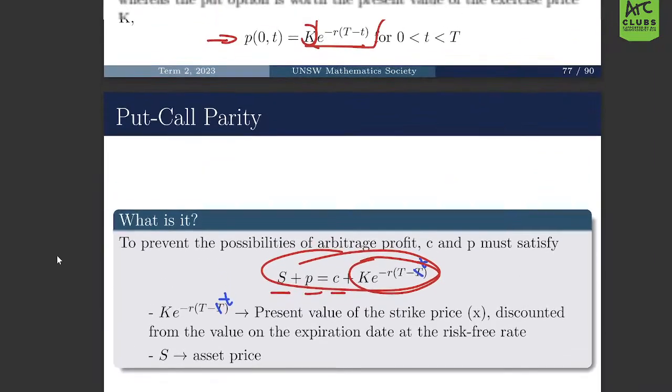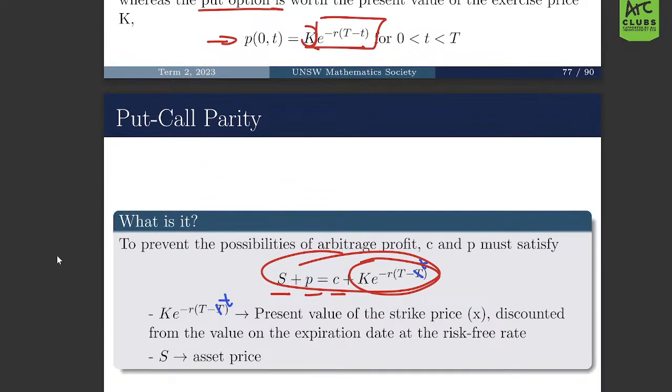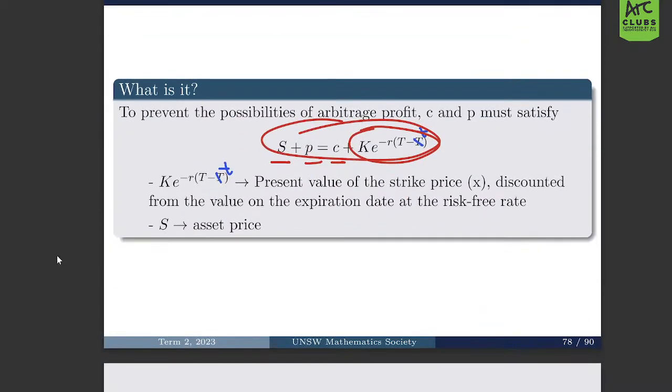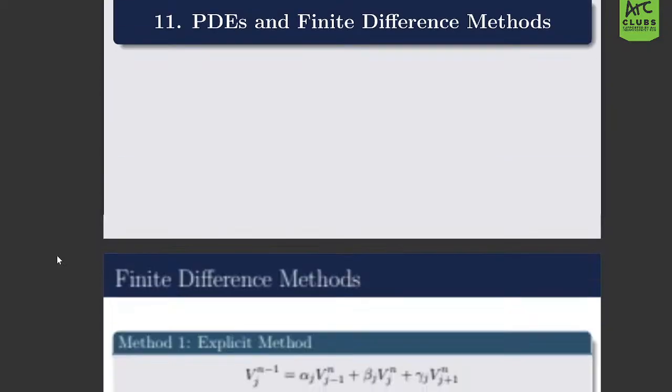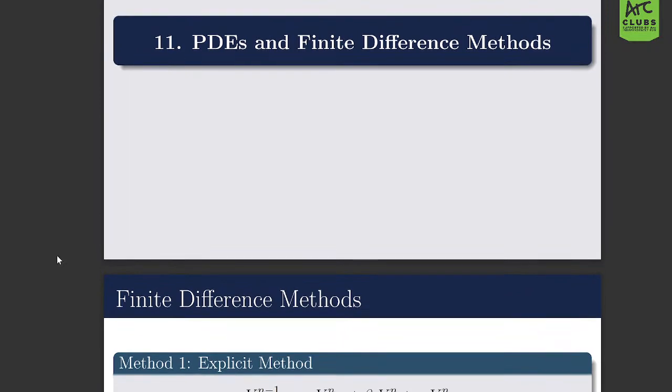So that's essentially all of the content that has been covered in lecture 10. I will be doing a question at the very end that combines all of these concepts with topic 11 as well. So we will look at that in a bit. Topic 11 is about PDEs and finite difference methods.